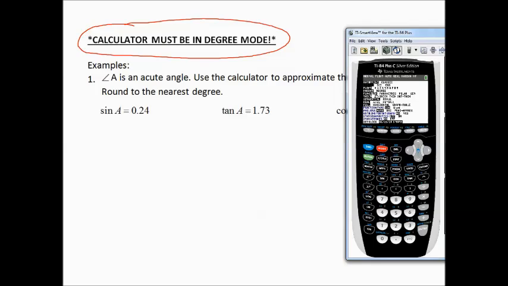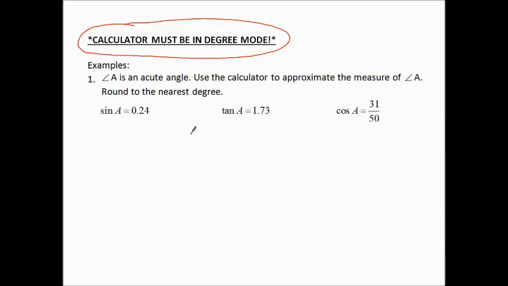Radian is another way to measure angles. We are only measuring our angles in degree mode. So we're going to scroll down and over to highlight where it says degree and press enter. If we're not in degree mode, our answers will all be incorrect. So I'm in degree mode.